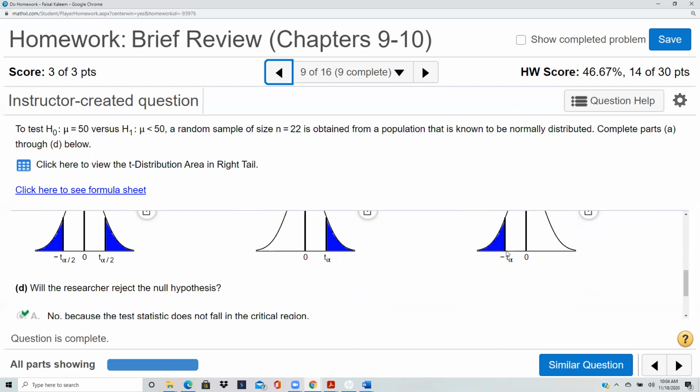Negative 1.1. So if this is negative 1.7, where will negative 1.1 be? Wouldn't it be in the rejection area?